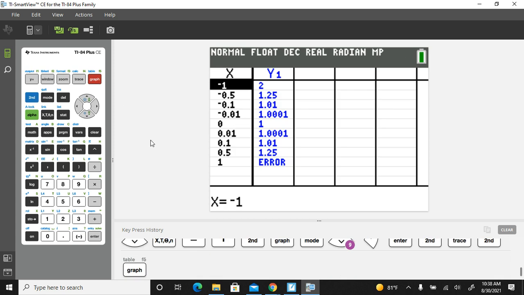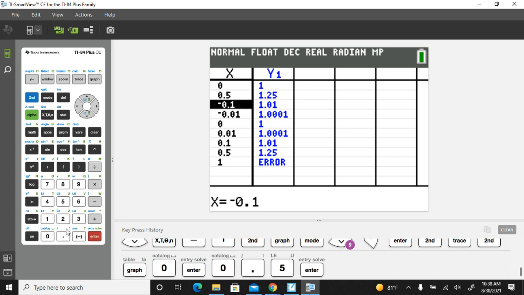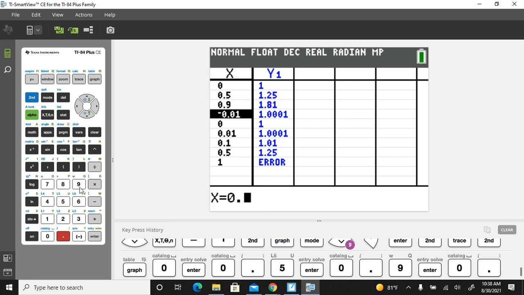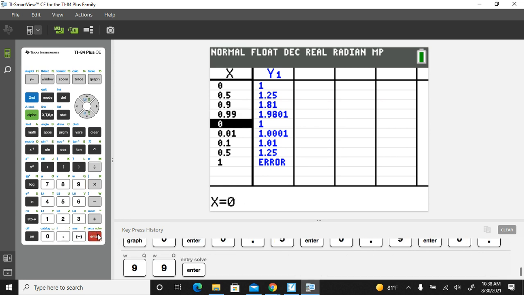All right. So, of course, now we're not approaching 0. This time we're approaching 1. So we started at 0 and wanted to get closer to 1, closer to 1, closer to 1. Of course, if we plug in 1, we're going to get an error. That's typically why we're using a limit.